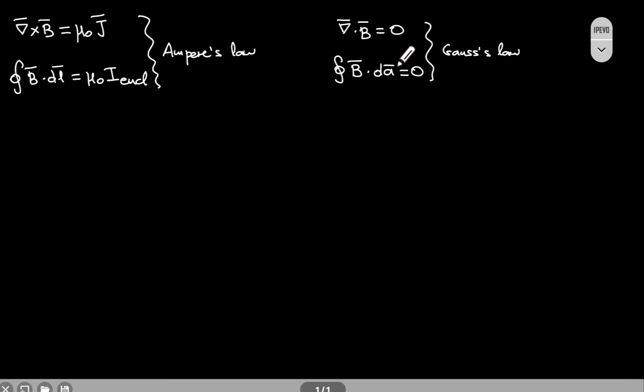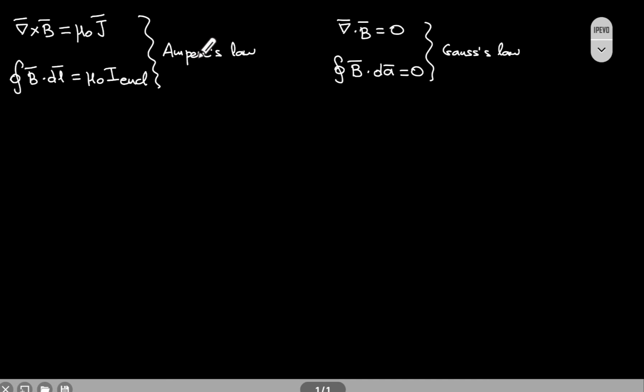The way to do that is to calculate the divergence of B, and if you find the divergence of B to be not 0, then that magnetic field pattern is not consistent with Gauss's law. That's the only use I can see for Gauss's law for magnetism, just to be able to reject physically not possible patterns for magnetic field.